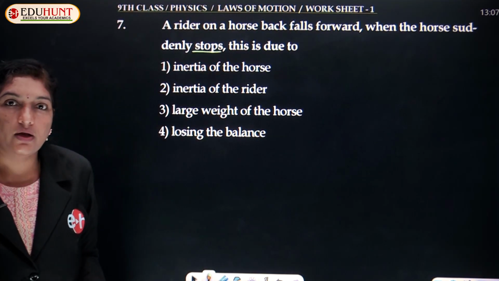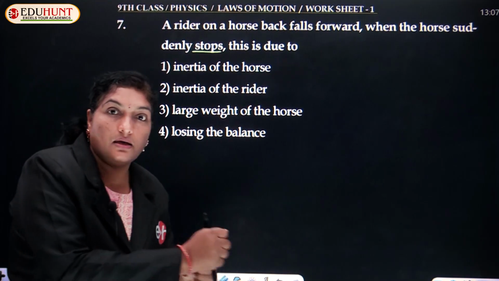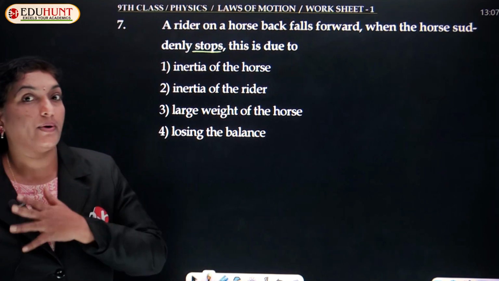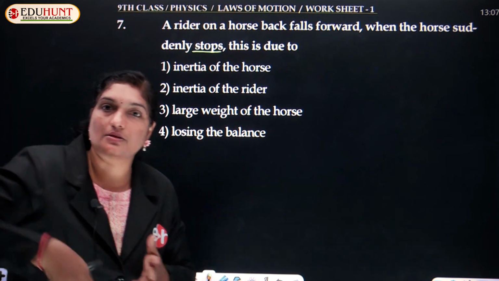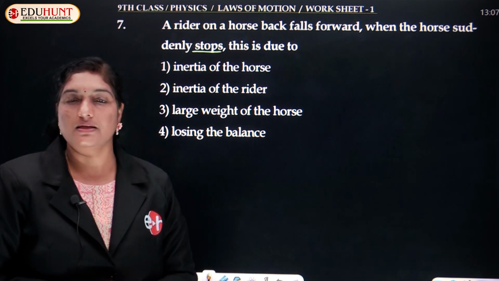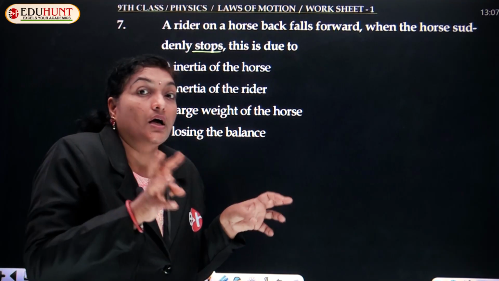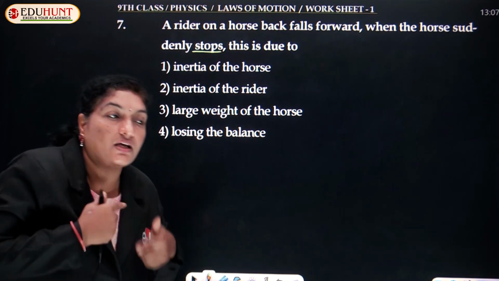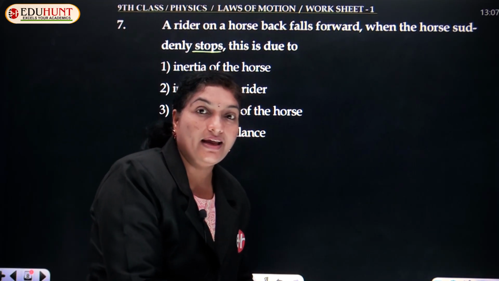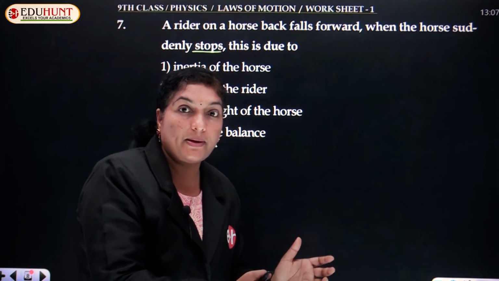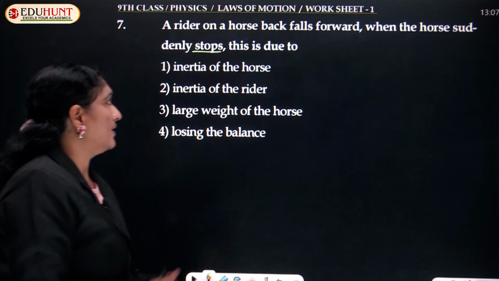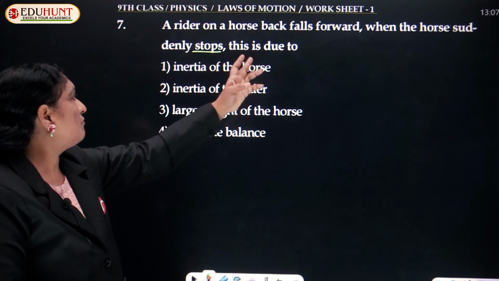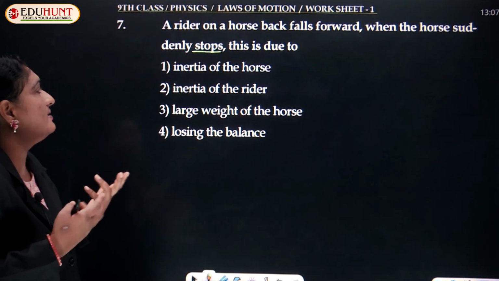The horse is running, so the person sitting on the back of the horse is also traveling along with the horse. Whenever the horse suddenly stops, this person has a tendency to move forward. So he falls forward.